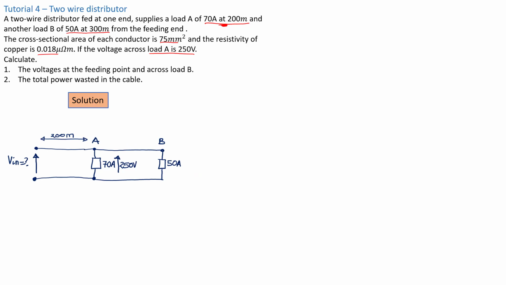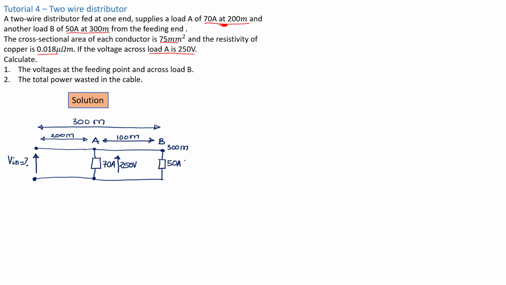And the load B, which is situated at what? 300 meters from where? From the feeding end. So this point here is at 300 meters from this point. But there is already 200 meters there. So which means here we're going to have 100 meters. So the entire distributor has a cable length of 300 meters. So this is basically our network diagram.